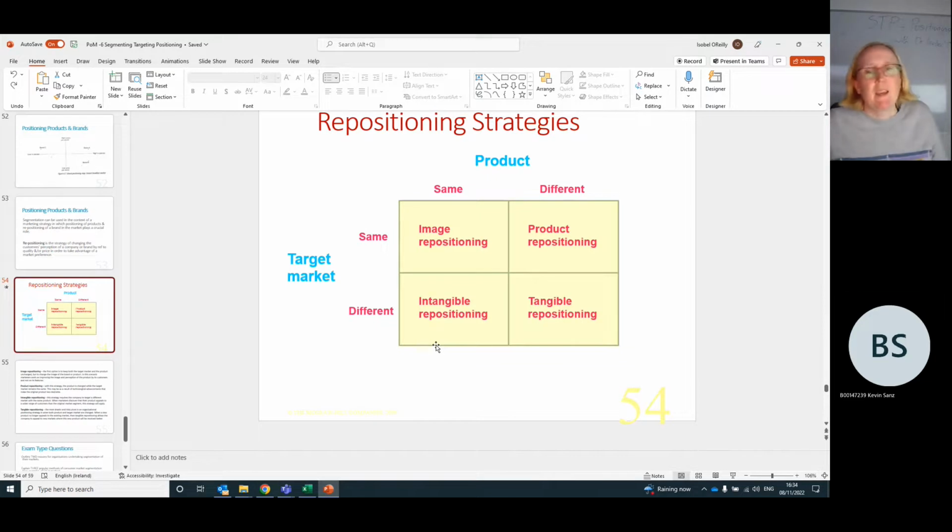And to be honest, it was partly image repositioning and partly intangible, because they were looking for new customers, new young professionals, and the student market as well. There is overlap. The student market always liked cider, and the Bulmers brand in Ireland was always perhaps the most popular one.